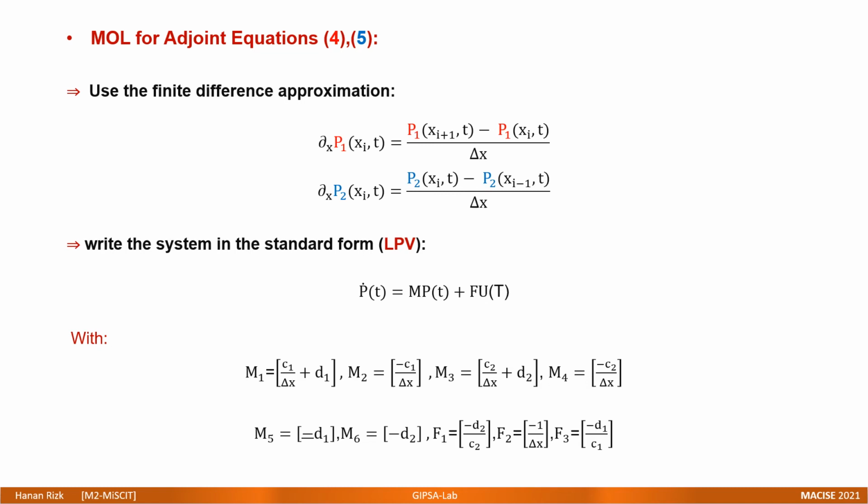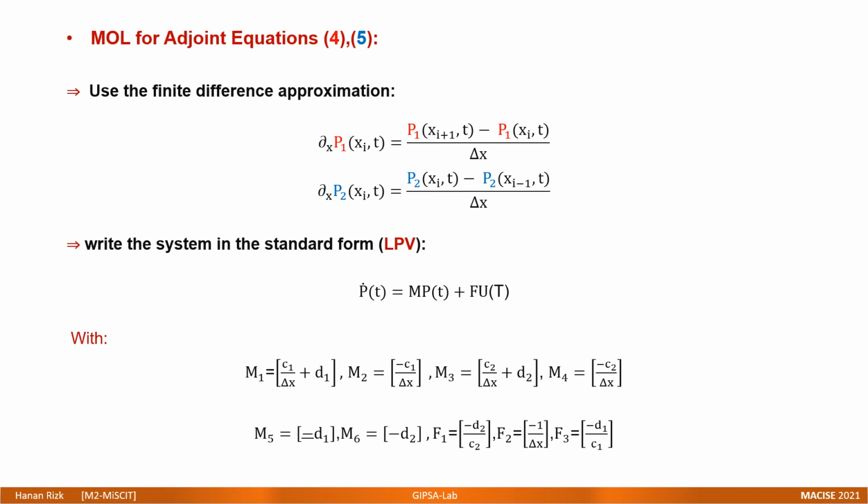By substituting these two equations for the first partial derivatives, after their approximation with the finite difference approximation, in the adjoint equation of the system, it's more convenient to write the system in the standard form, the so-called linear parameter varying system.